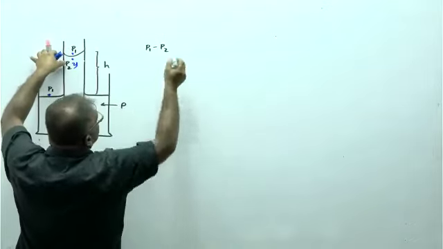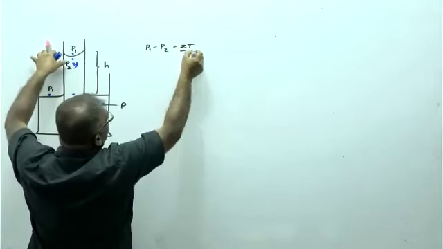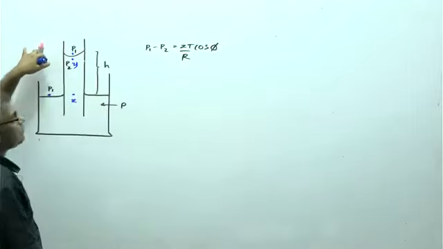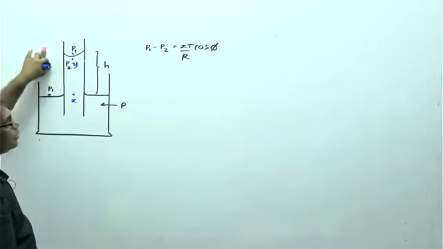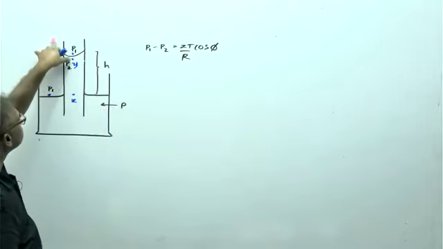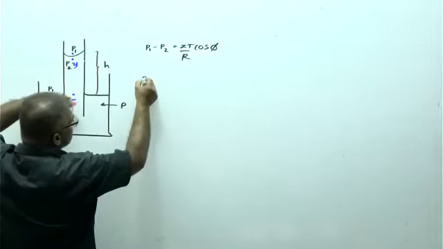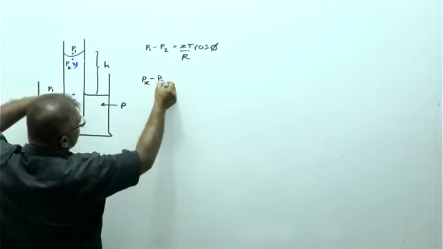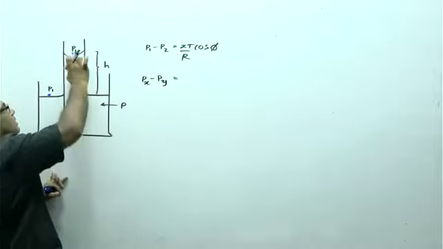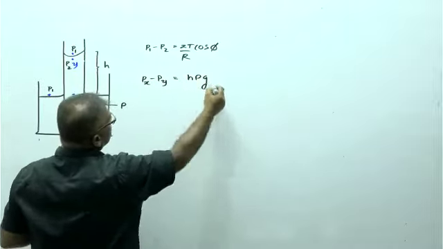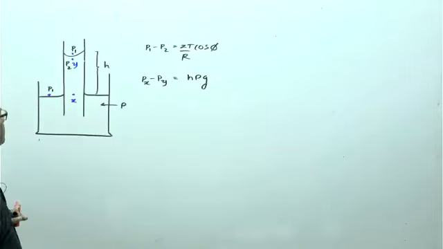P1 minus P2 equals 2T over R cosine psi. And from here to here, on balance, Px minus Py equals the pressure difference, h rho g. Clear? Yes.